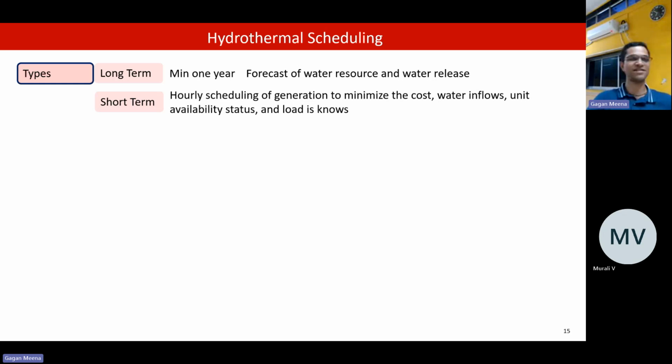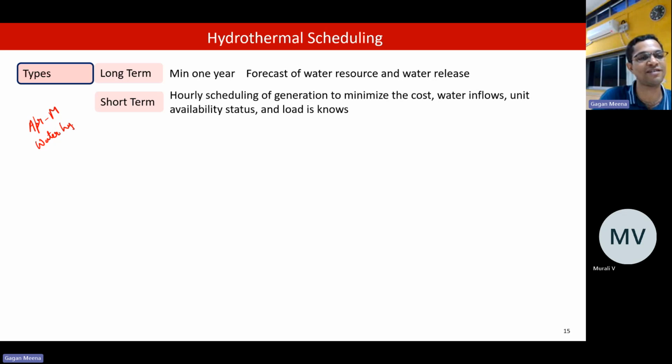And there are so many constraints in hydro. There is a water year, right? We have financial year from April to March. Similarly, we have this water year also for hydro scheduling.